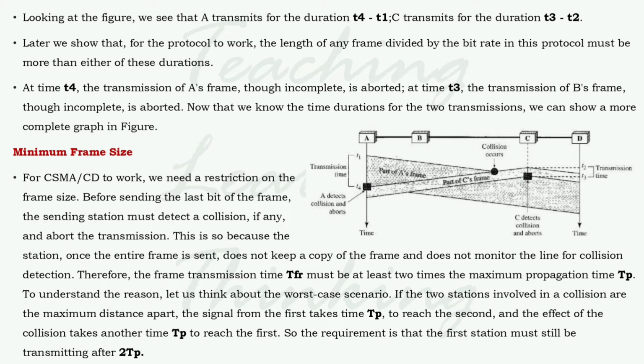For CSMA/CD to work, we need a restriction on the frame size. Before sending the last bit of a frame, the sending station must detect a collision, if any, and abort the transmission.